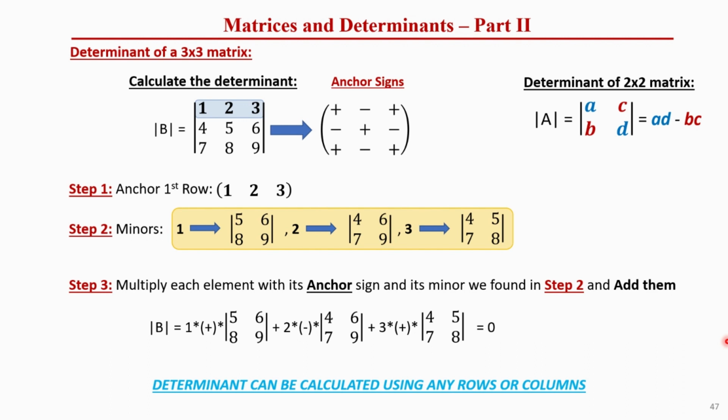And when you calculate the determinant by sticking to the column or row of your choice, you will end up getting the same number as for the determinant, right? So in short, determinant can be calculated using any rows or columns. You don't have to stick to the first row or the first column. But typically we stick to the first row because it's easy, well, to go through. Well, I don't know. It depends. All right.